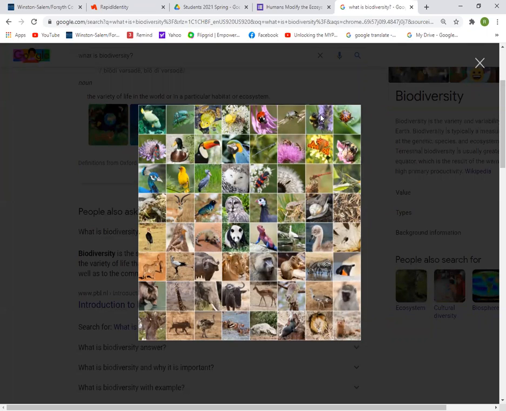Biodiversity also provides stability to the ecosystem by providing alternative food sources to each living organism. There are so many benefits from having a high biodiversity, and hopefully in our future discussions we'll be learning more about them. Okay?